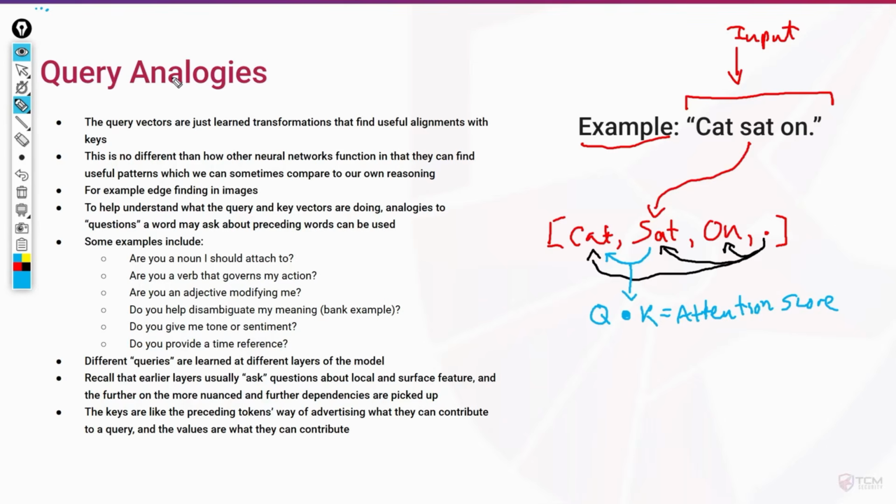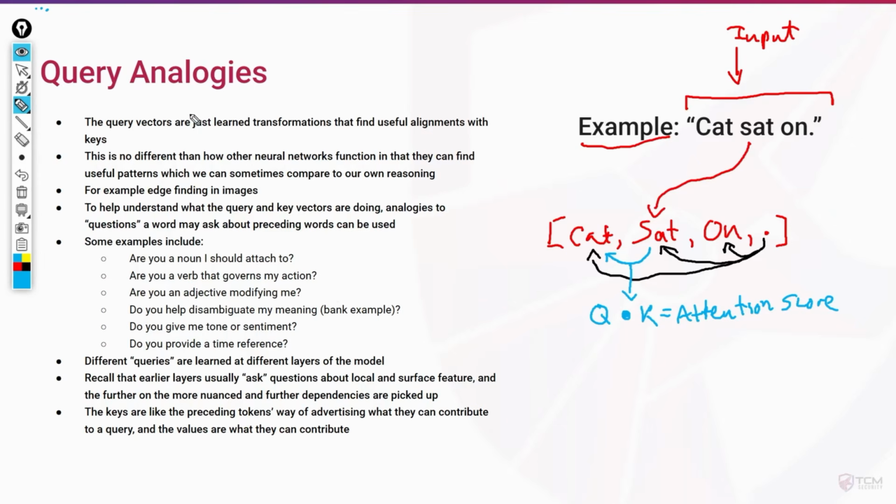There are a few really good analogies for how the query and keys work. But before I dive into and describe some of those, I want to make it really clear that the query vectors, and the same with the key vectors and the values, are just learned transformations that find useful alignments with the keys.